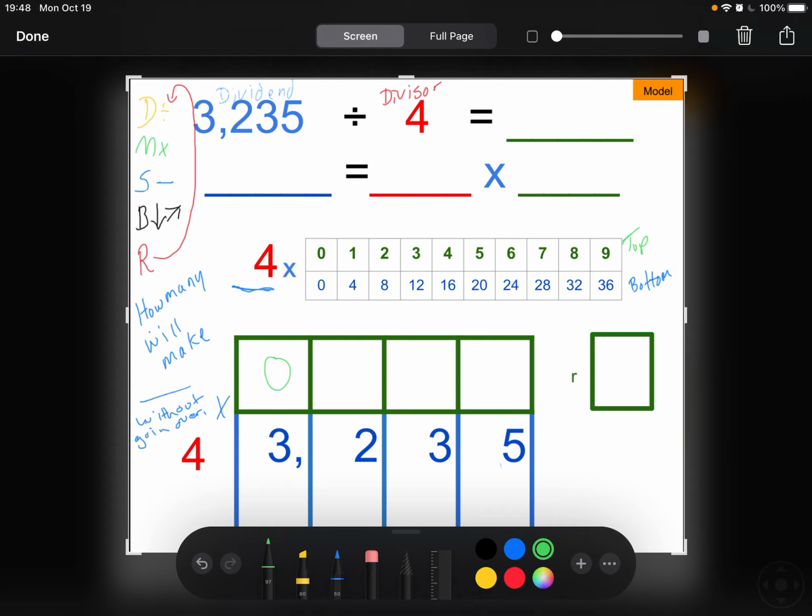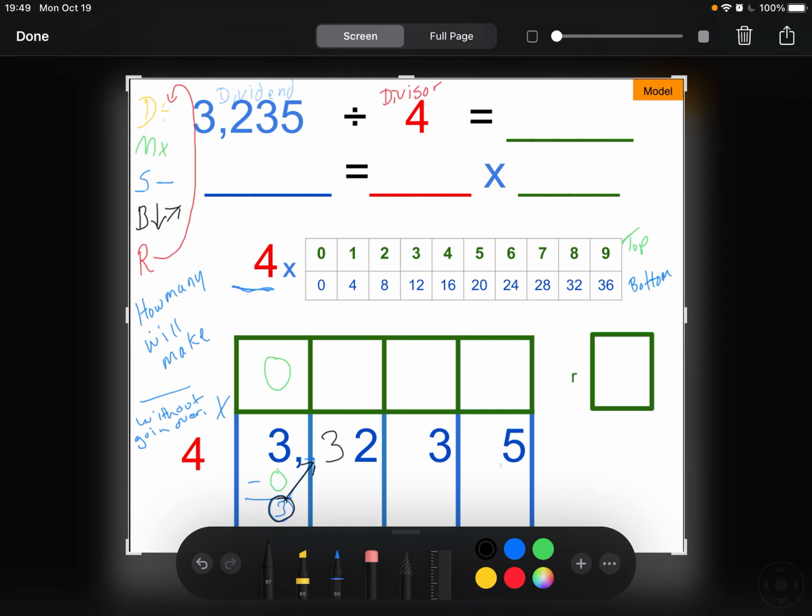So I'm going to place my 0 at the bottom. My next step is to subtract. Once I subtract, 3 minus 0 is still 3. Then I bring that 3 over so that I can regroup it. Okay, so there's my 3.